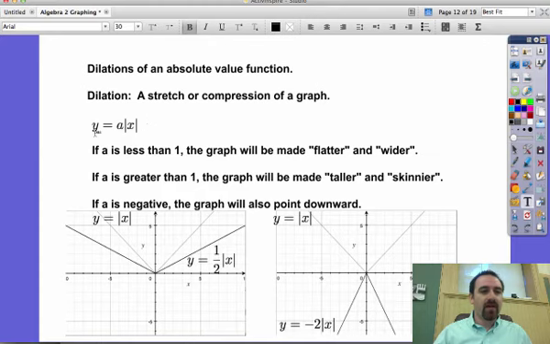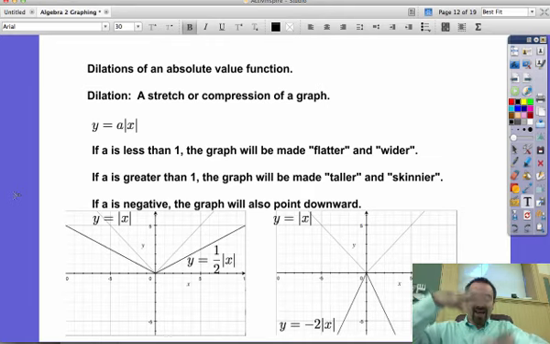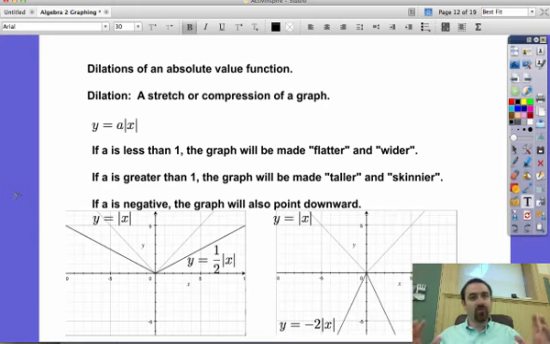So here's how it works. If I have a function y equals a number times the absolute value of x, and that number is less than 1, like a fraction, the graph is going to be made flatter and wider. If a is greater than 1, like 2, 3, 2.5, anything like that, then it's going to be made taller and skinnier.